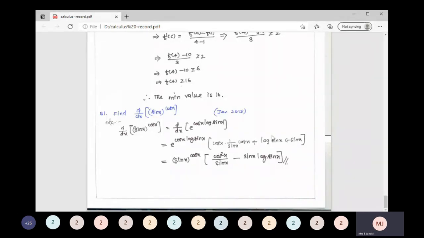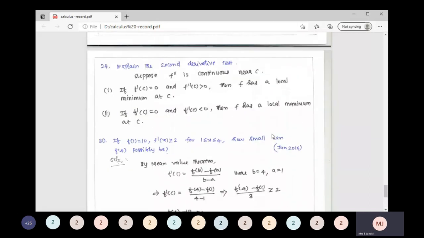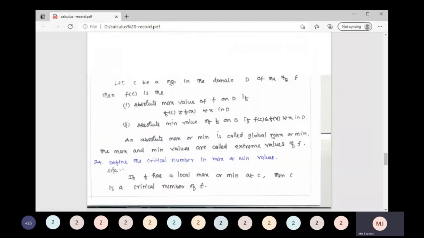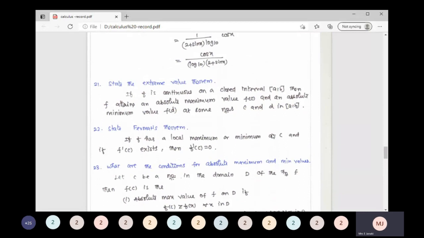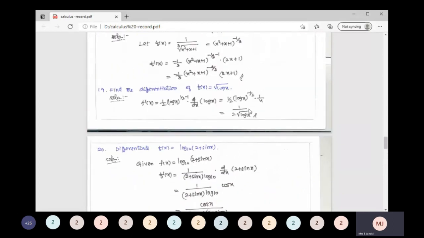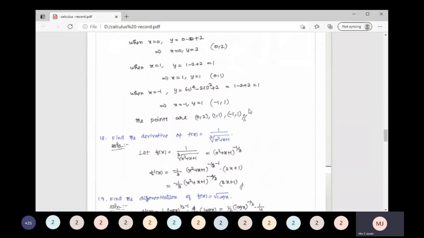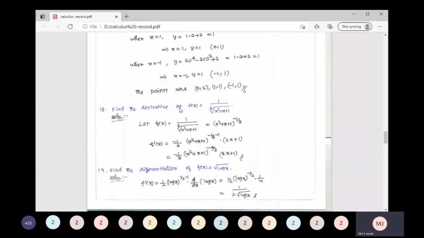Next, now in the 16th problem, find the derivative of f of x divided by cubic root of x square plus x.